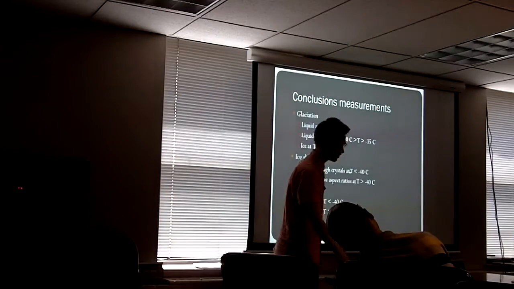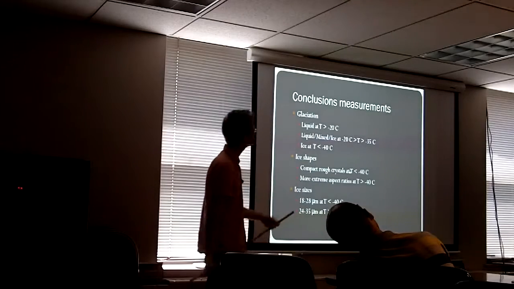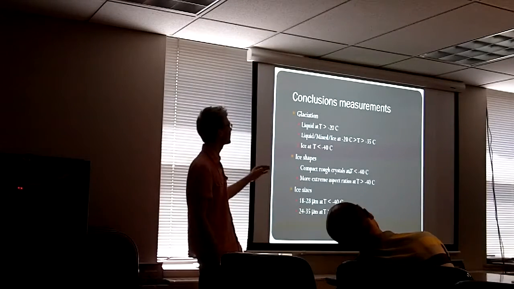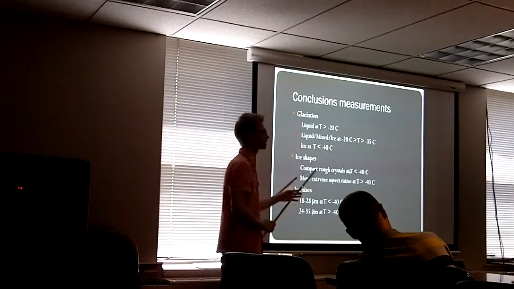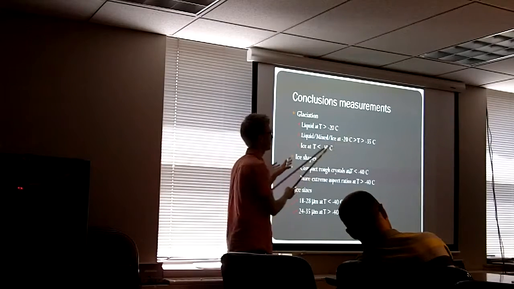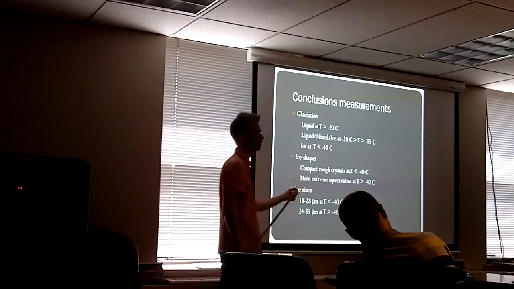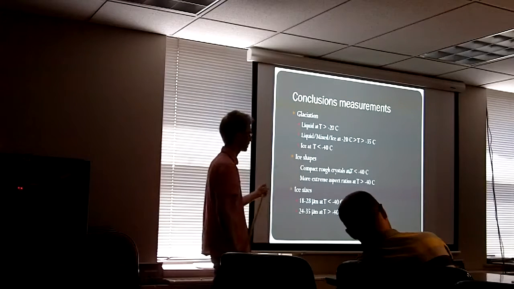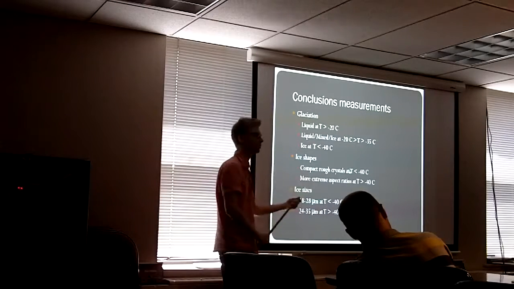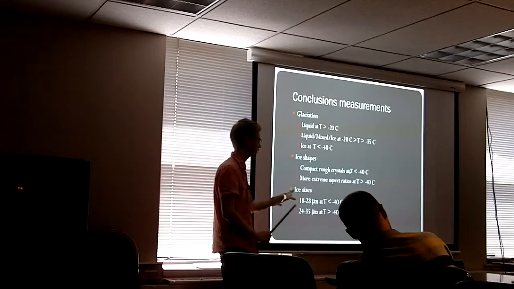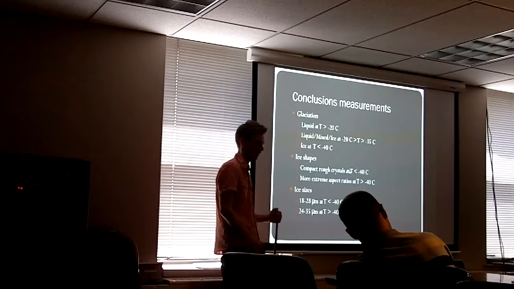So I finally come to the conclusions. We have liquid above -20, a mix between -20 and -35, and ice for colder than -40. The shapes also depend on the temperature, and the sizes also depend roughly on temperature.